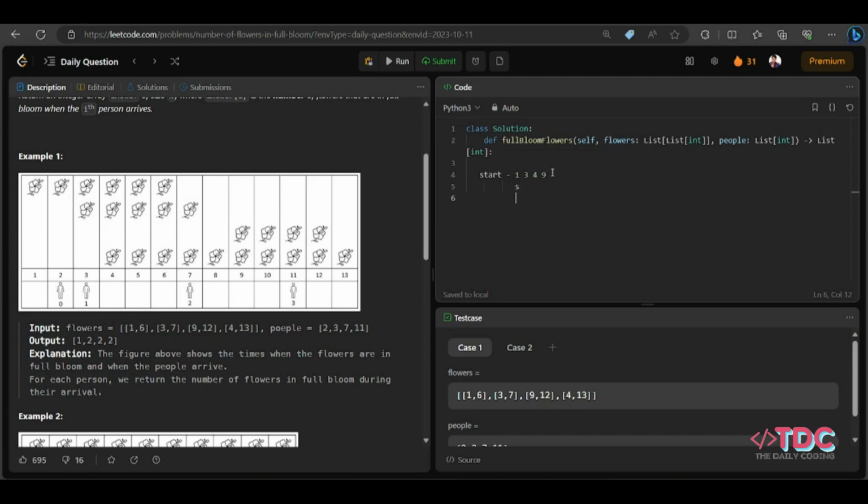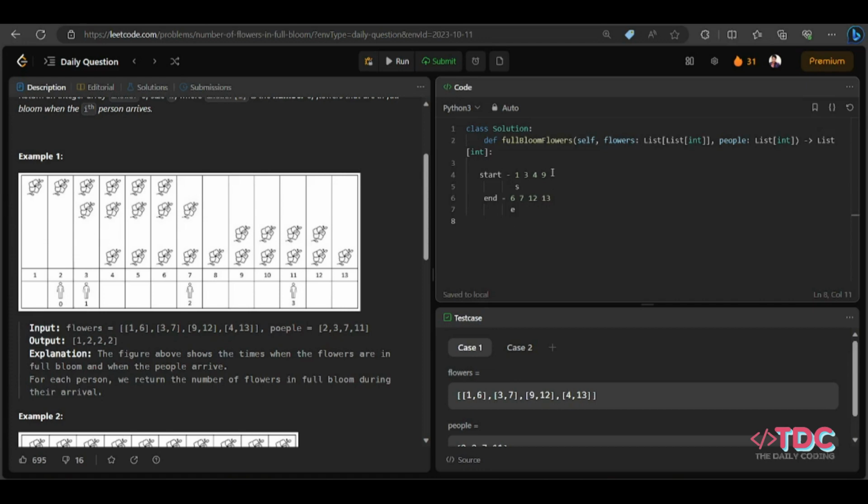I will also make an array of ends, the ending points when the flower dies. If I sort them, it will be 6, 7, 12 and 13, right? And I will set a right pointer here, or the end pointer, something like this.